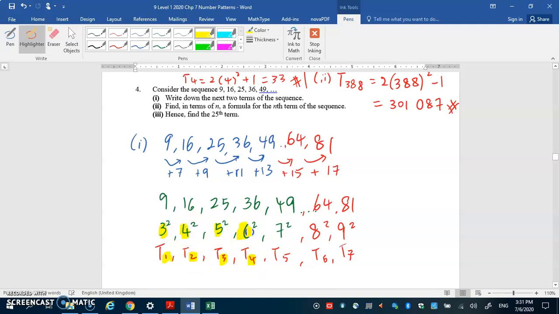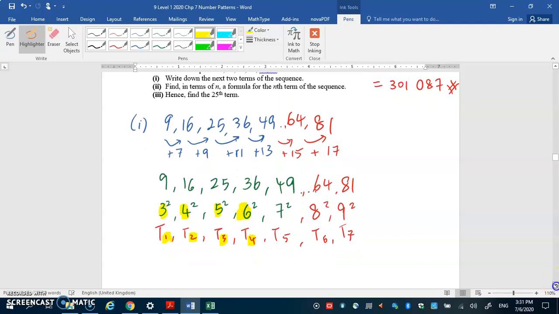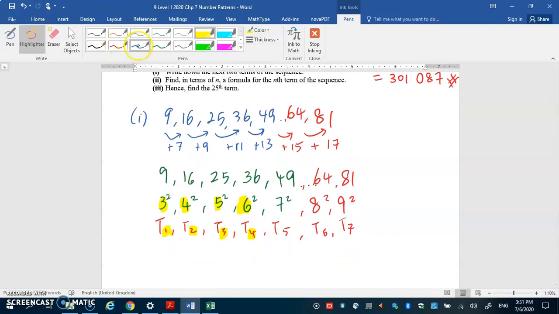Do you see any relationship? Yes. The relationship is that 1 plus 2 will give you 3, and then 3 square will give you 9. Same thing, 2 plus 2 will give you 4, 4 square will give you the 16. 3 plus 2 will give you 5, 5 square is 25.